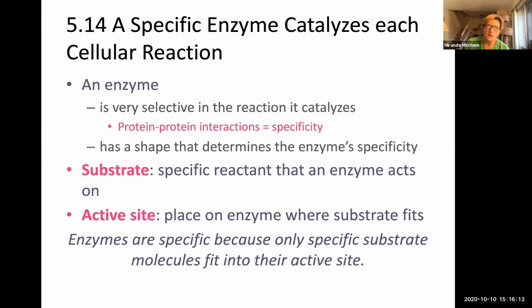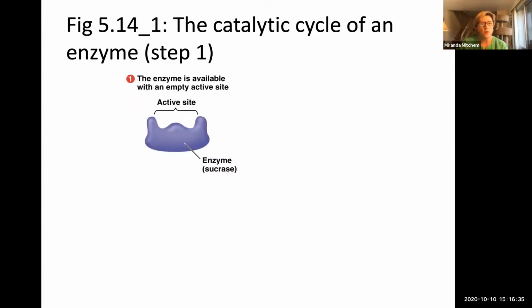The specificity between an enzyme and its substrate is dictated by what fits into that active site. If it only lets one thing in, very, very specific. But if it allows more than one thing to fit, which sometimes happens, then it's not quite as specific. Okay, so let's run through the cycle.